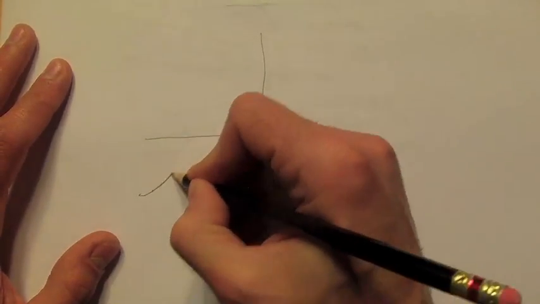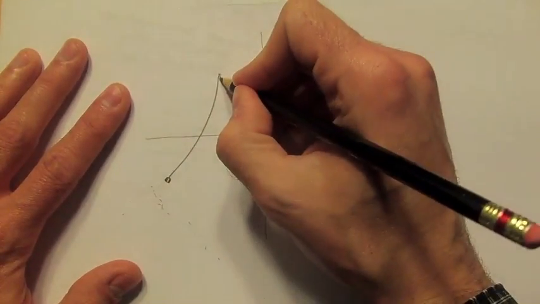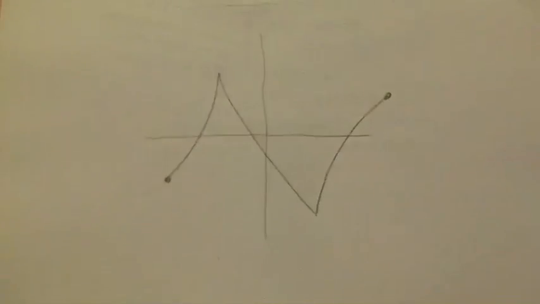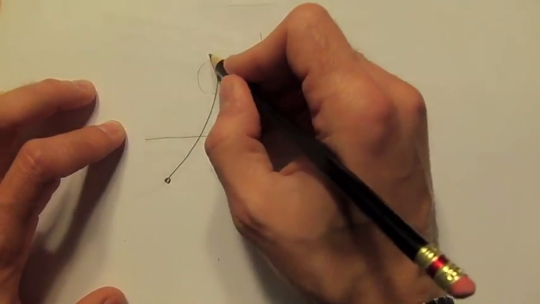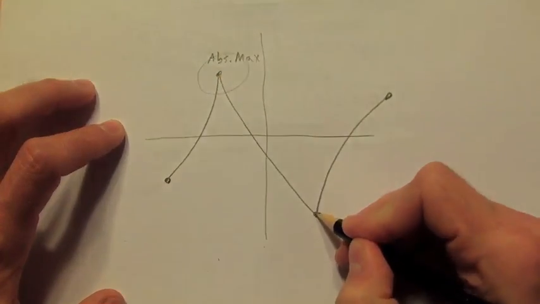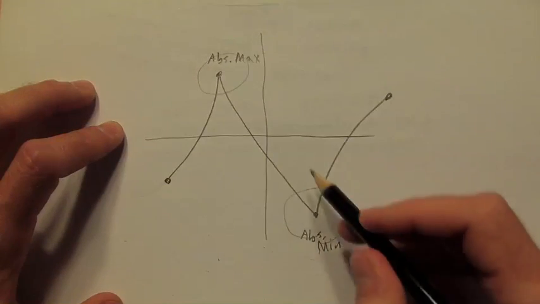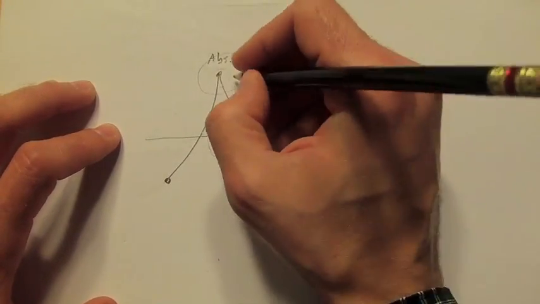Another thing we need to be concerned about is, take this graph. Here the absolute max is here, and the absolute min is here. But these aren't smooth curves, so the derivatives here aren't 0.